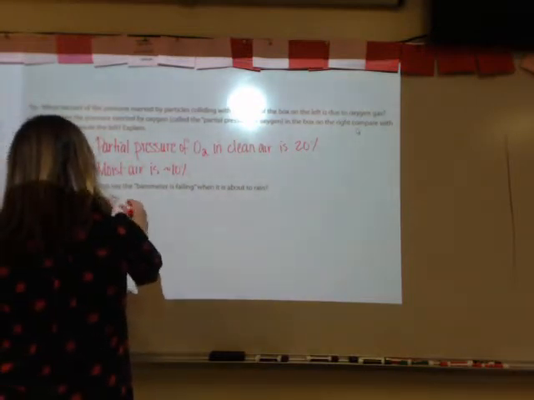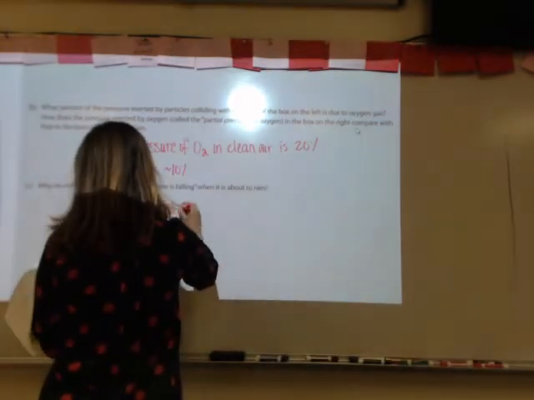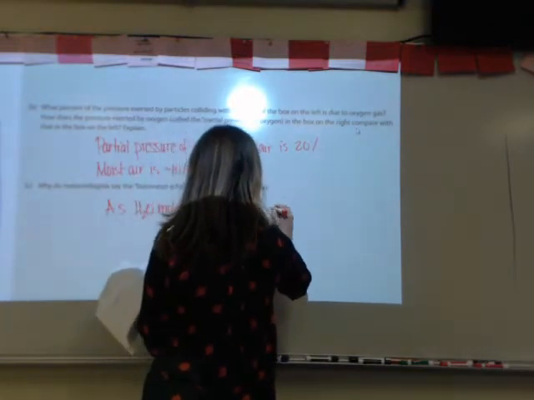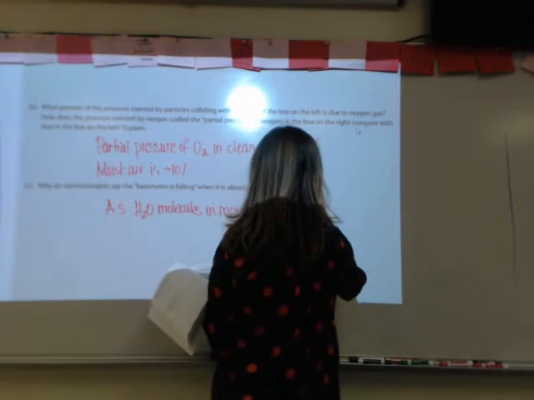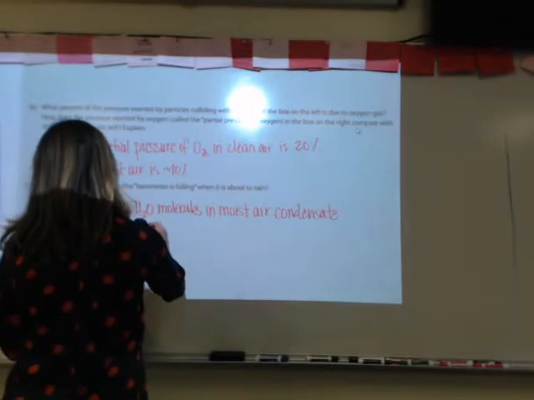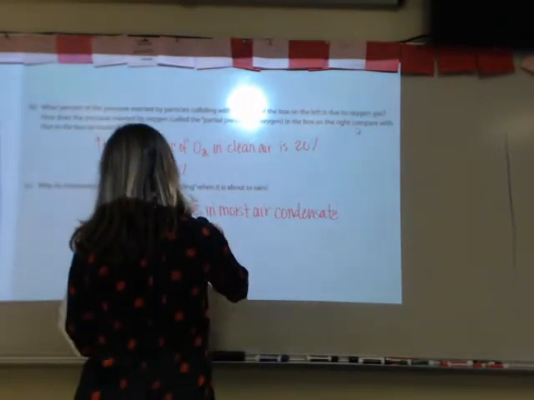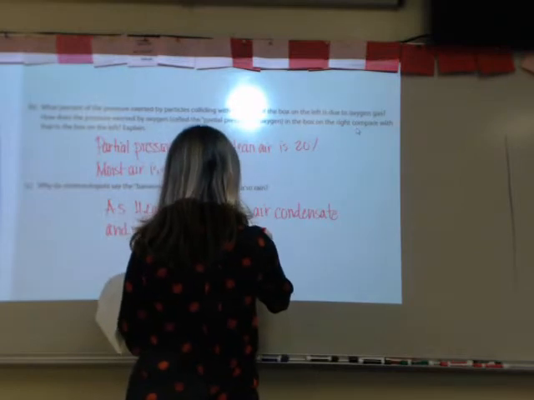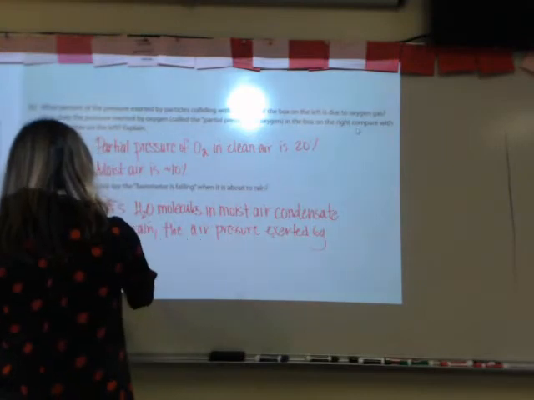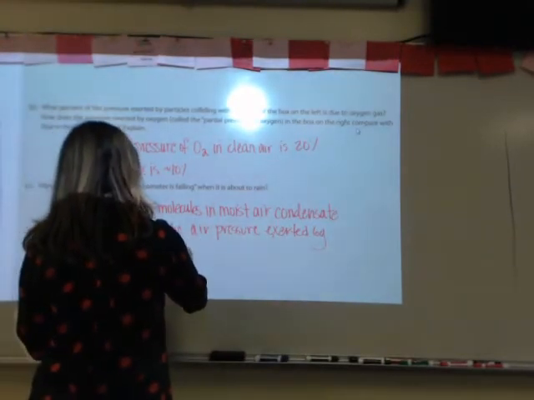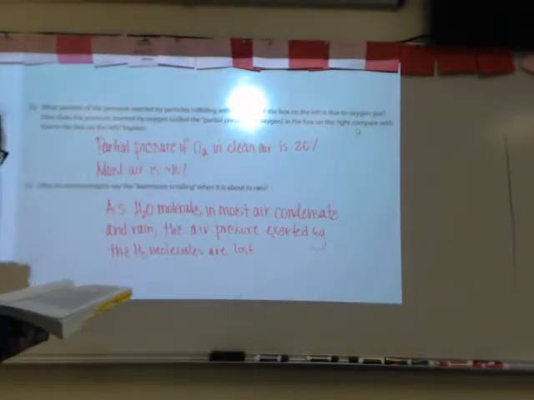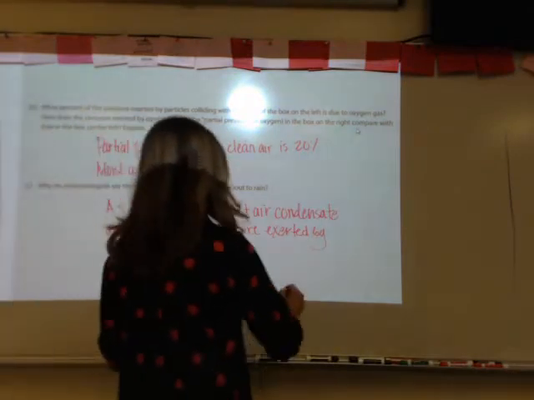Well, as water molecules in moist air condense and rain, the air pressure exerted by the water molecules is lost, and the air pressure readings on the barometer will fall.